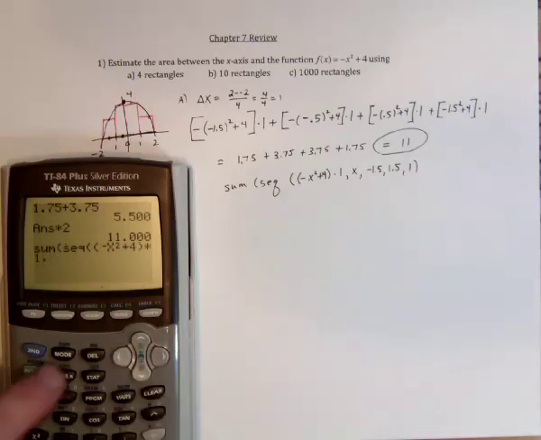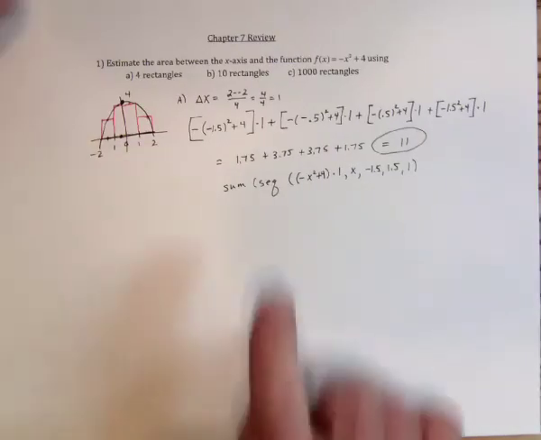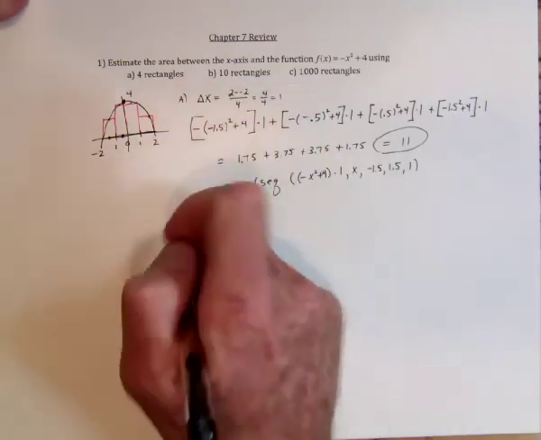And then x goes from negative 1.5 to 1.5, and the area is 11. So now that we have this sum sequence, we'll be able to do these other two parts pretty quickly.